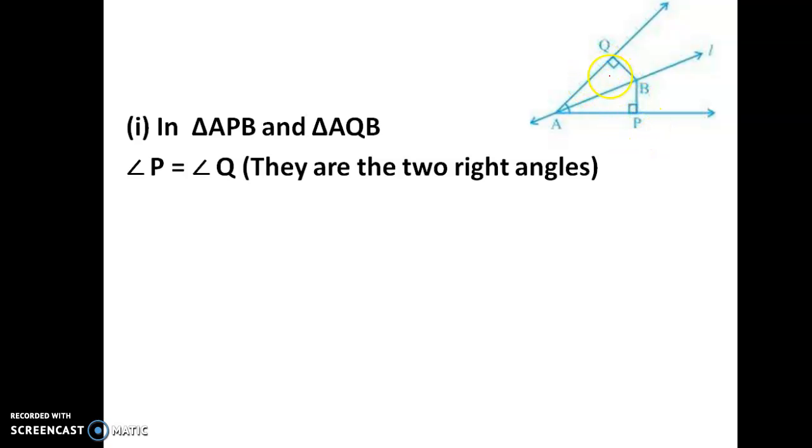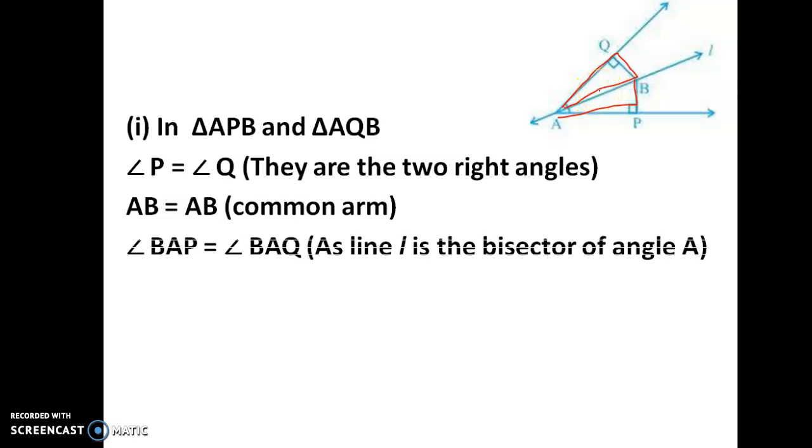Because both are perpendiculars drawn from B to the ray. Perpendicular means 90 degrees, so angle Q and angle P are both 90 degrees. So these two angles are equal. Then AB is equal to AB in these two triangles. In this triangle AB is common, and in this triangle also AB is common. That's why it's the common arm.